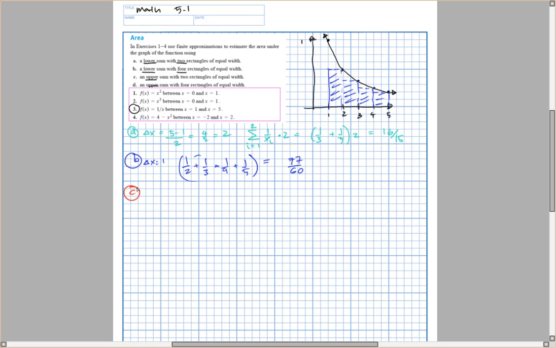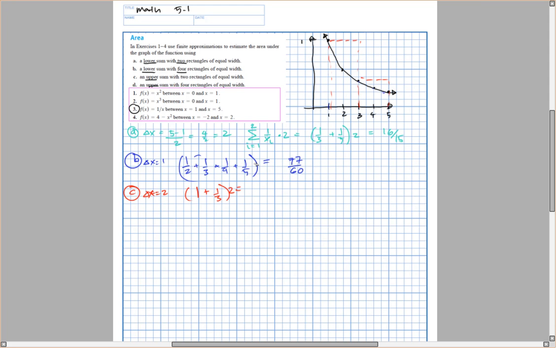Let's do upper sums, 2 rectangles of the same width. In this case, we're going to have an upper sum here, and then an upper sum here. Delta x is equal to 2, and we get 1 plus 1/3, giving us 4/3 times 2.